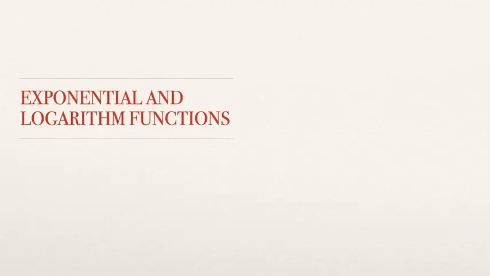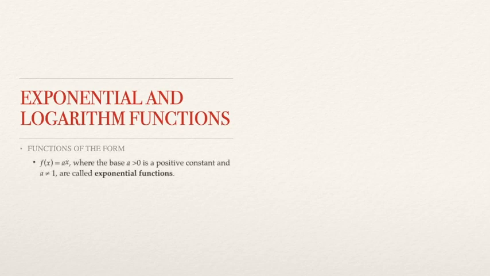Now what are exponential and logarithmic functions? A function of the form f of x equal to a to the power x, where the base a is greater than 0 and it is a positive constant and a not equal to 1, is called an exponential function.